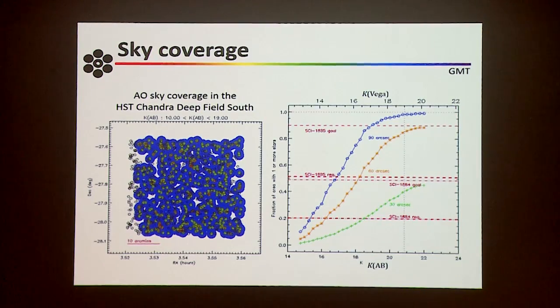Here's an example showing you what sort of sky coverage we might actually be able to get, for example, in the HST Chandra Deep Field South.